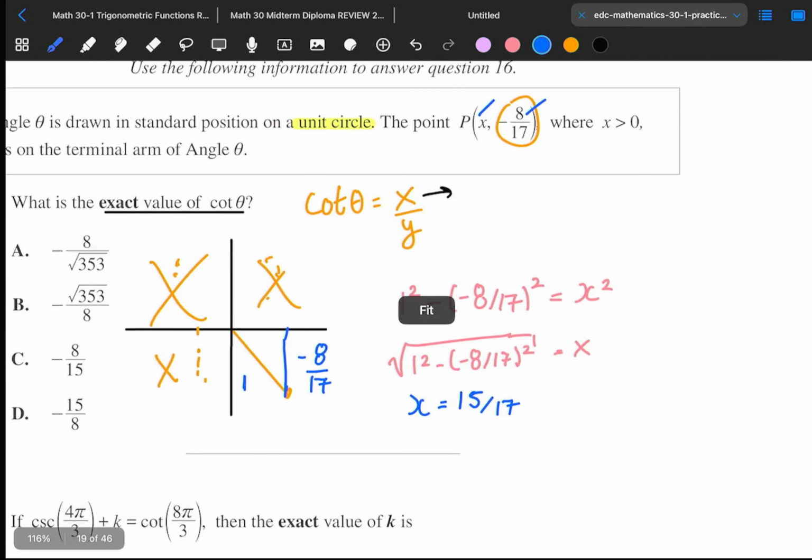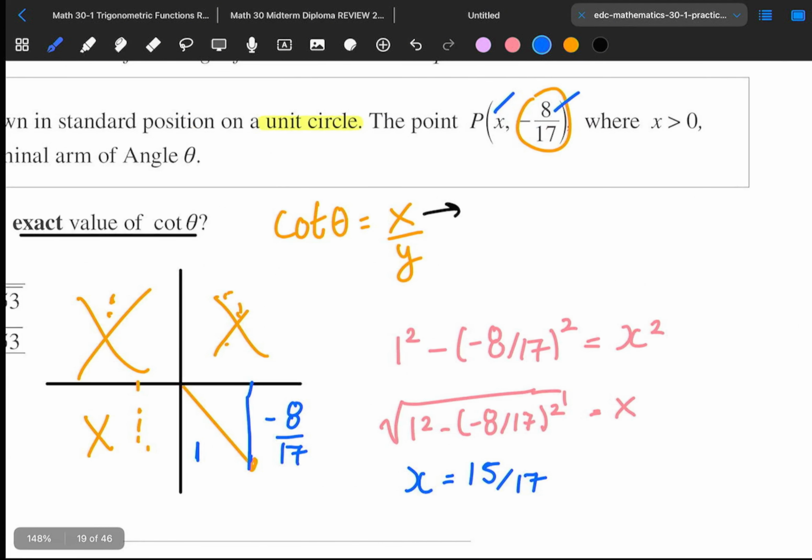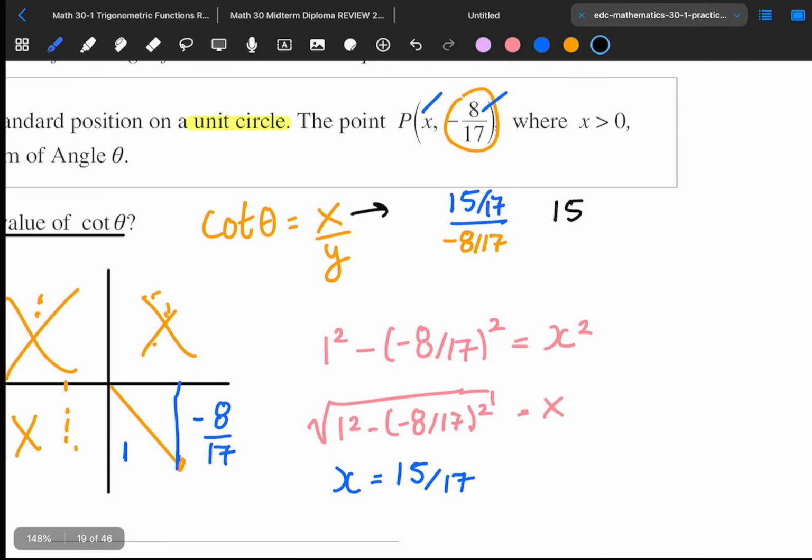So now, all we have to do is plug it back into our formula. Cotangent theta is equal to x over y. So we have 15 over 17 all over negative 8 over 17. I'm going to rewrite it like this: 15 over 17 divided by negative 8 over 17. And remember, when you divide, it's the same as multiplying by the reciprocal.